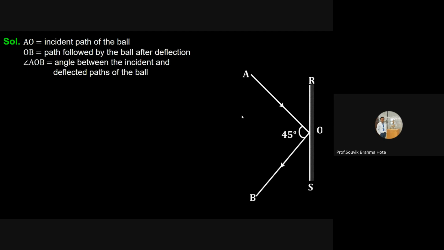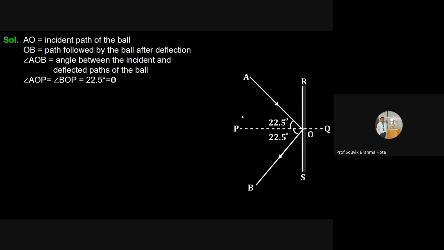Now OB is the path followed by the ball after deflection. So AOB is the angle between the incident and deflected paths of the ball. If AOB is 45 degrees, AOP and BOP are 22.5 degrees, that is theta, half of it.